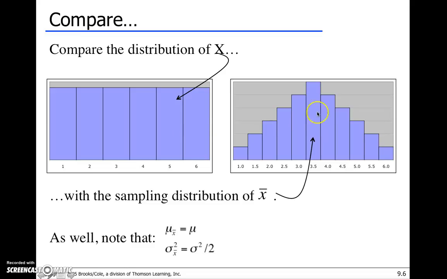E of x bar is equal to 3.5 for n equals 2. The results are that mu of x bar equals mu, and that sigma squared, the variance of x bar, is equal to the population variance divided by 2. In this case, it was 2.92 divided by 2, and we got the variance of x bar as 1.46.